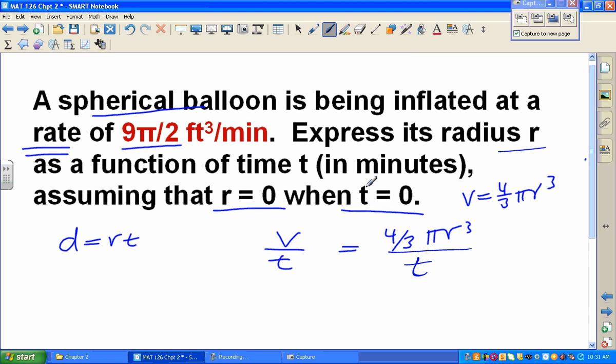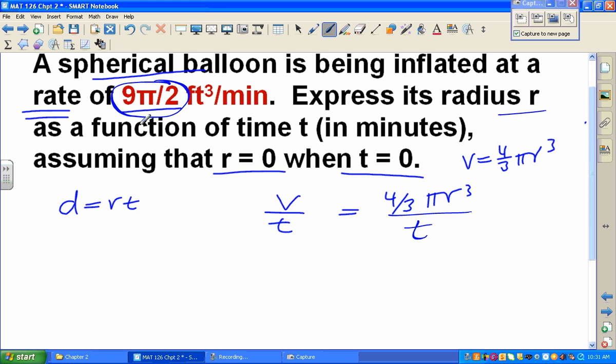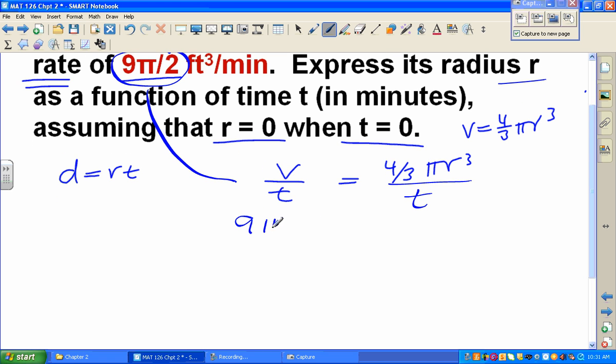I don't think that comes into play a whole lot. Because this, I would go 9 pi over 2. Could be over 1. Well, it's over 1 minute, per minute. So that's just a unit rate.